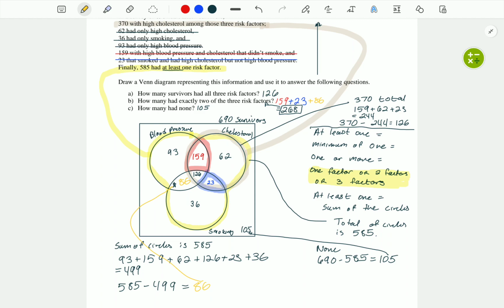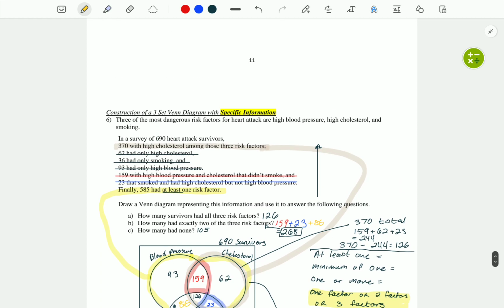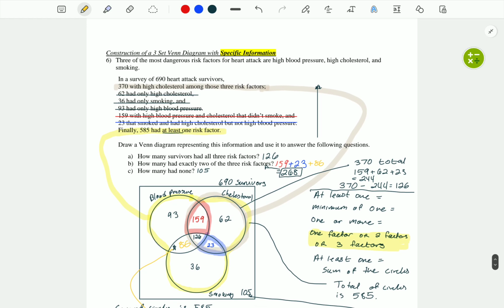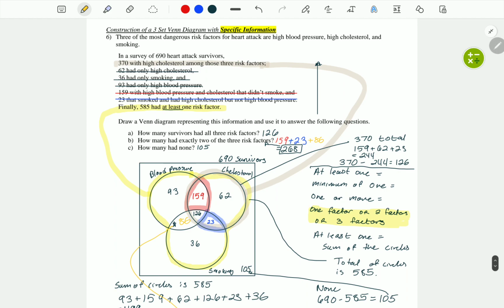But if the third one is not excluded, if it says, for example, how many had high blood pressure and smoking, that also includes the middle, because the middle includes high blood pressure and smoking. That is general, which means you must have a middle value to subtract from.